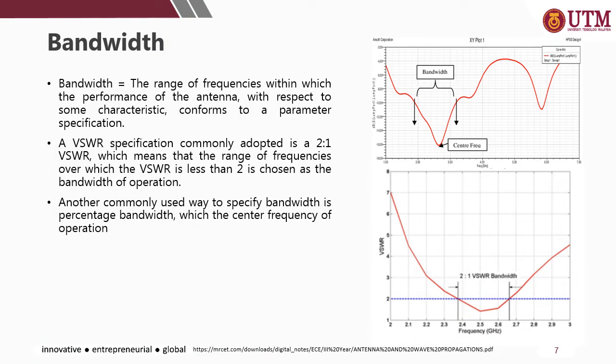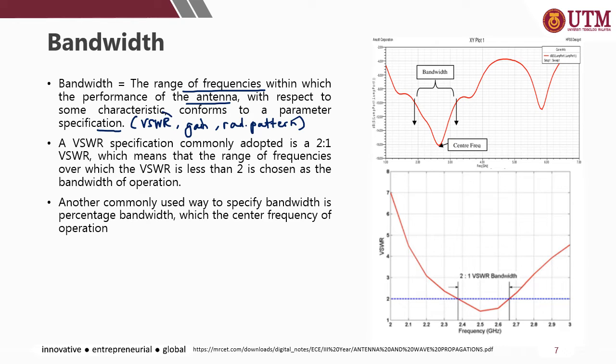Okay, next is bandwidth. Bandwidth is defined as the range of frequencies within which the performance of the antenna conforms to a parameter specification, such as VSWR, gain, radiation pattern, and so on.